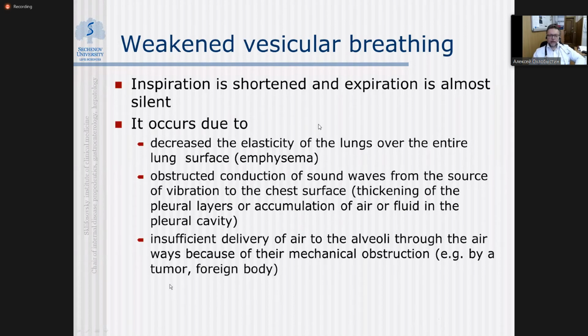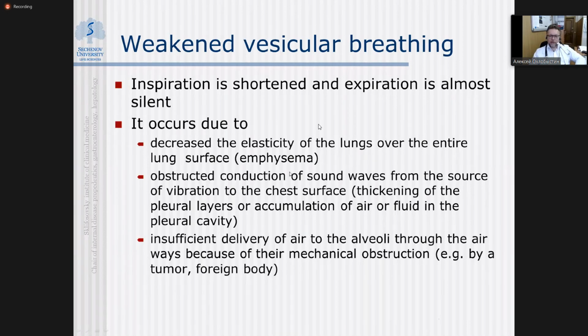It may be a tumor, a foreign body, pneumonia, edema, atelectasis. If there is some loss of active parenchyma, or if parenchyma is unable to be involved in ventilation normally, in that case there will be local decrease of vesicular breathing.